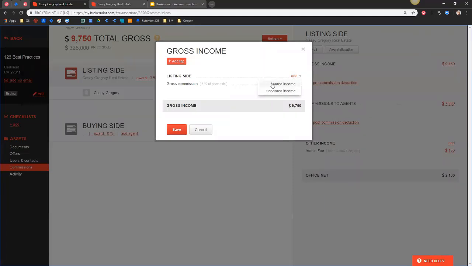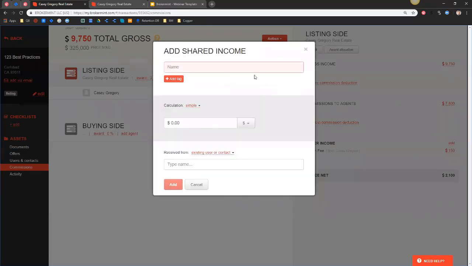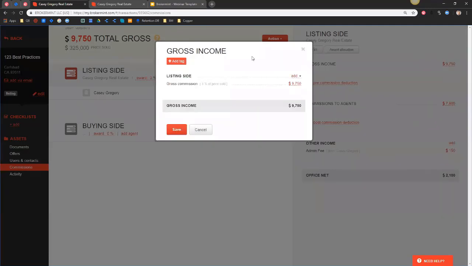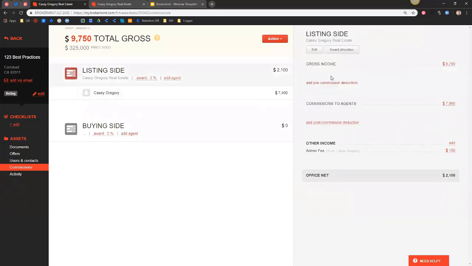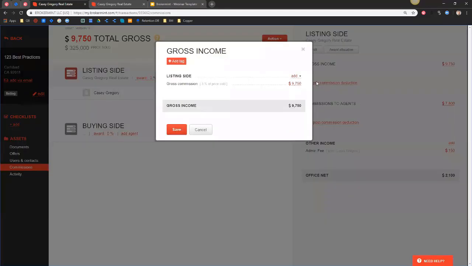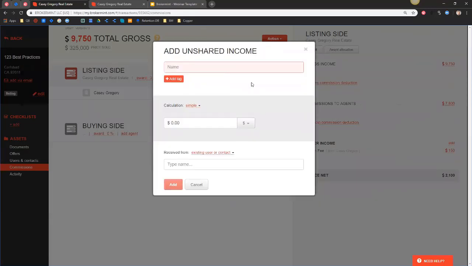So if we choose a shared income, let's say we added on a $300 shared income, that money will now be added to my agent's commission basis and will then go through their commission plan. If I add that gross income as unshared, this now adds to my office gross, but does not affect my agent's commission basis.